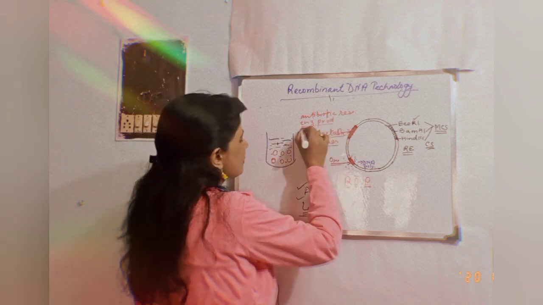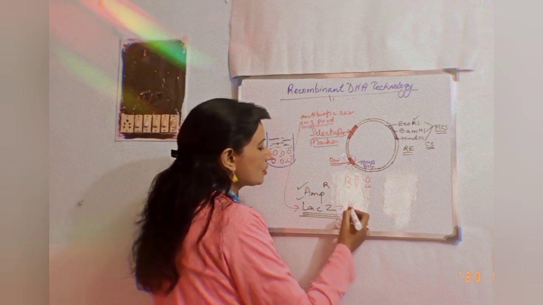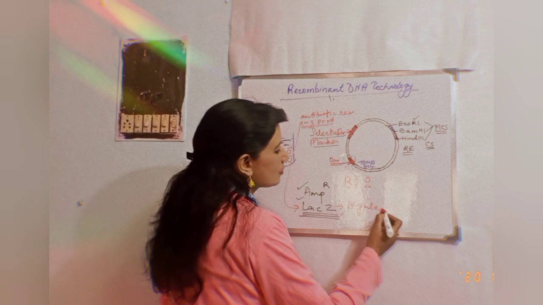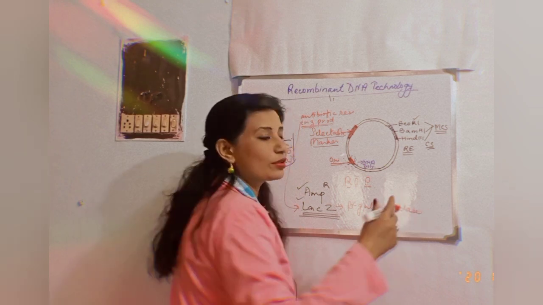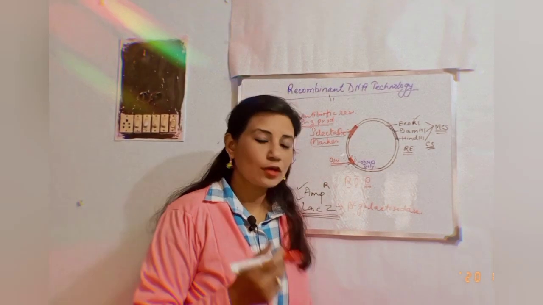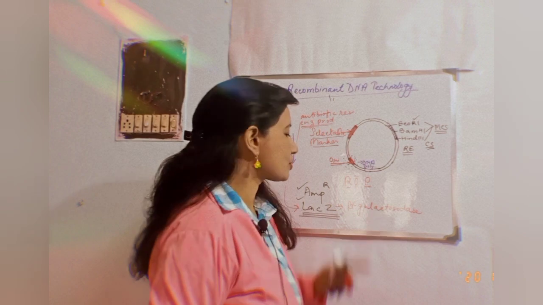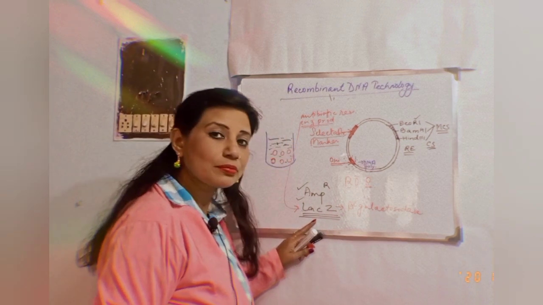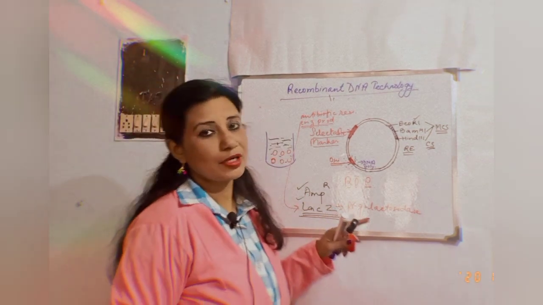So two things. If it is enzyme producing, then I am talking about LAC-Z. In that case, it will encode beta galactosidase. You can have a quick revision of the lactose operon so that you can understand LAC-Z. Remember, that was beta galactosidase. So if it is enzyme producing, then LAC-Z. Otherwise, ampicillin or tetracycline, any antibiotic resistance gene.